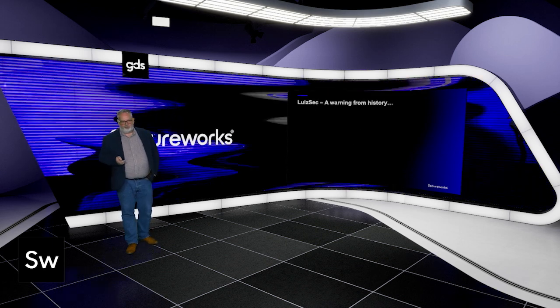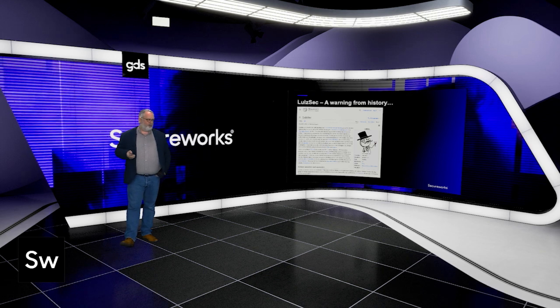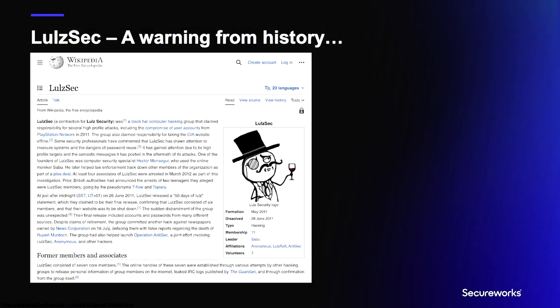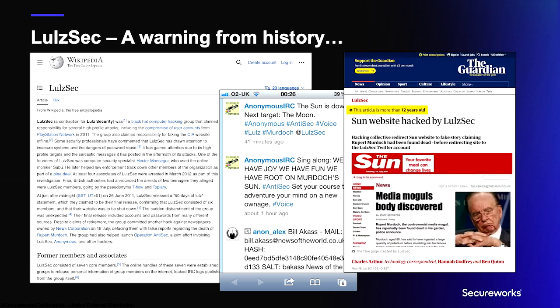And then a few things happened recently that remind me of this. So who remembers LulzSec? Who remembers 2 or 3 months of general chaos where a small group of fairly talented individuals managed to compromise some very, very big organizations? And the fun moment where they were able to tweet, "We have joy, we have fun, we have Rupert Murdoch's son," and they put out a fake news story saying that Rupert Murdoch was dead.